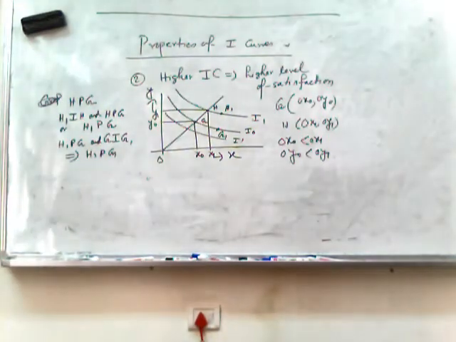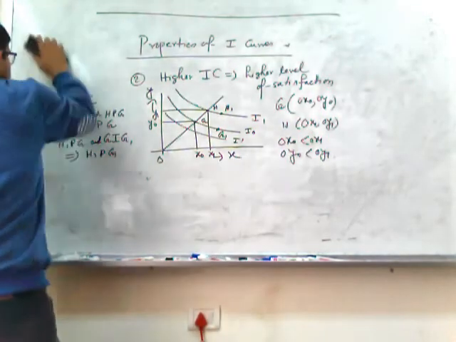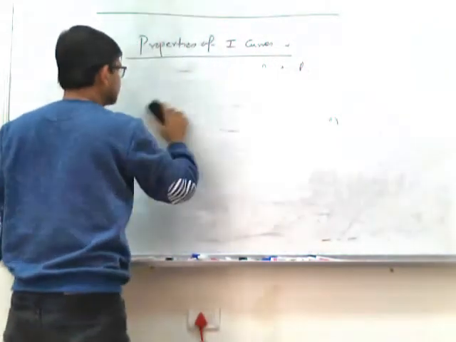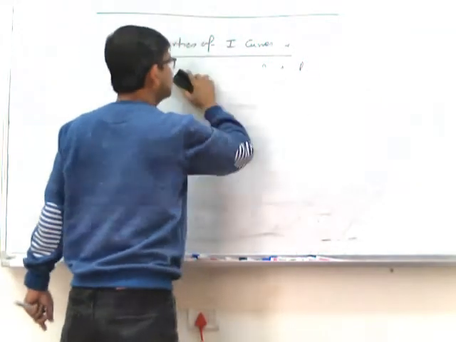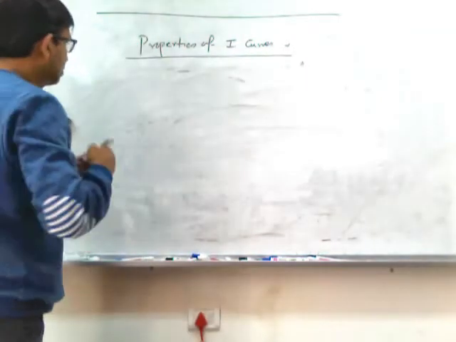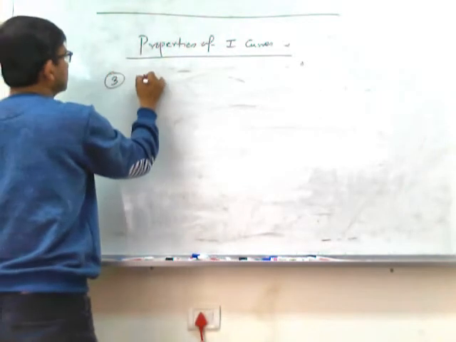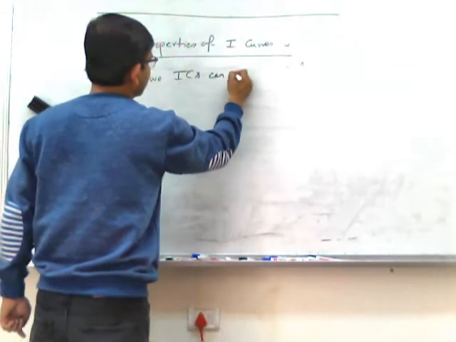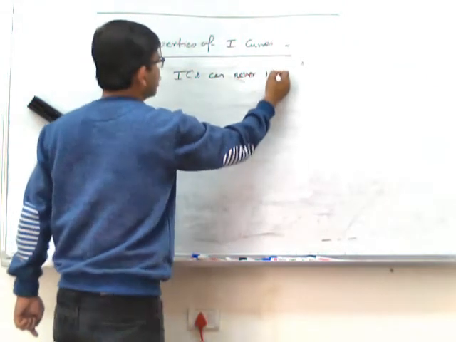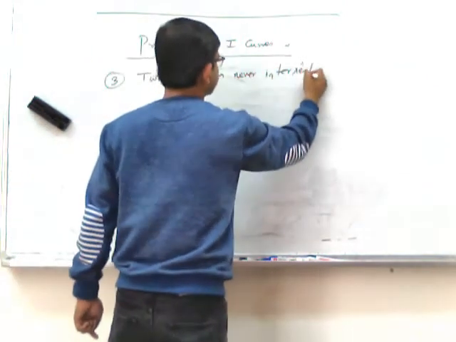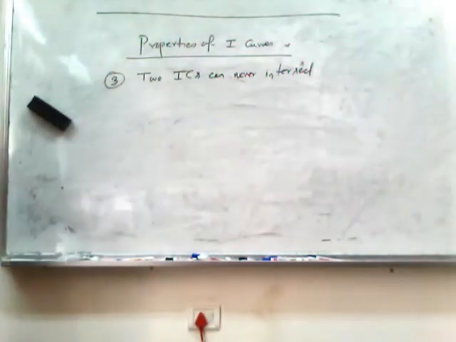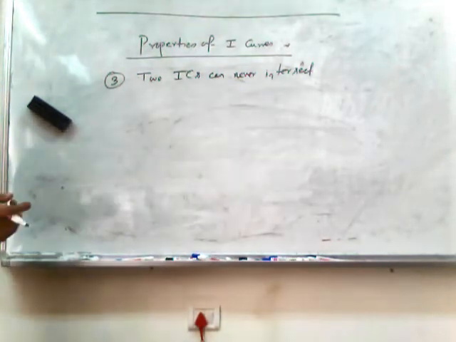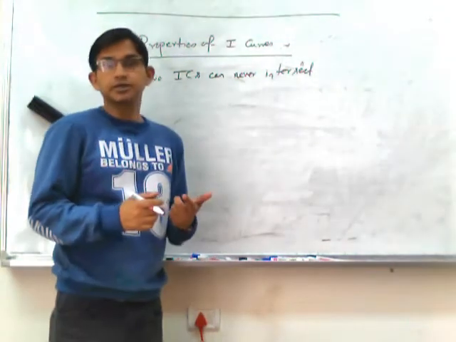Third property is that two indifference curves can never intersect. Here we will prove that if two indifference curves intersect each other, that will create a serious logical error.